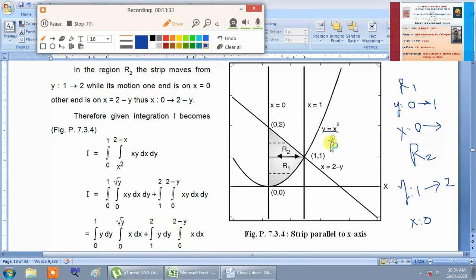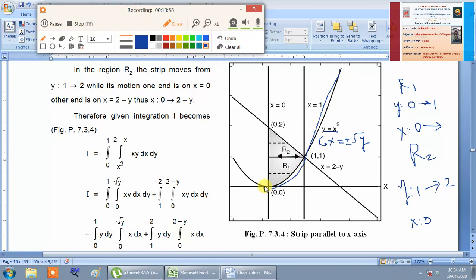So let me write x equal to, yes, I got two values of x, x is equal to plus or minus root y. So I got two values of x, which value should I select?